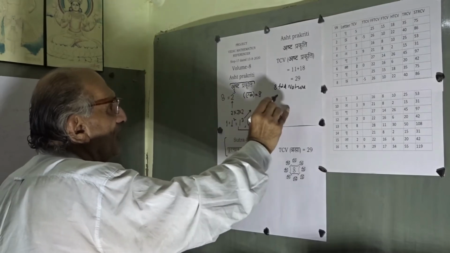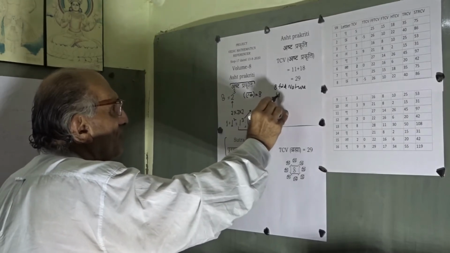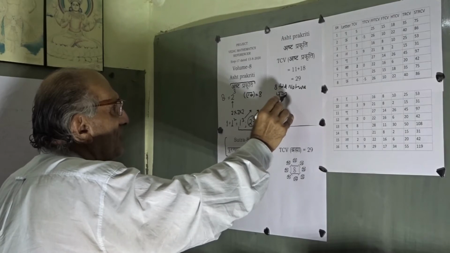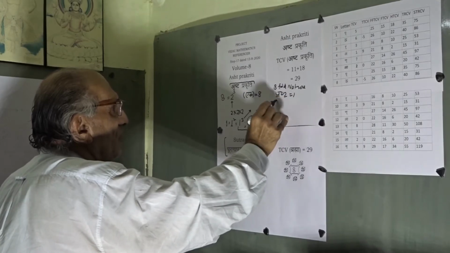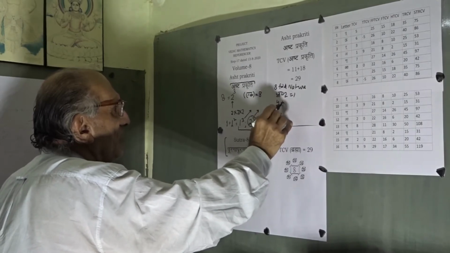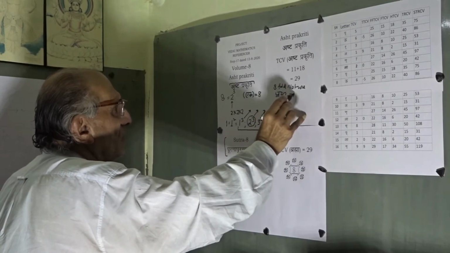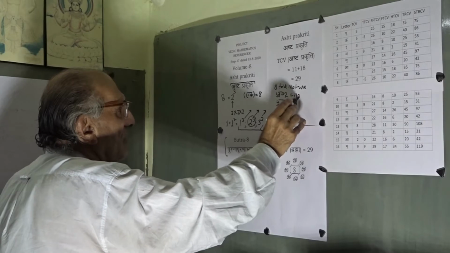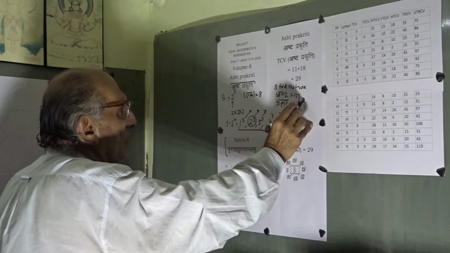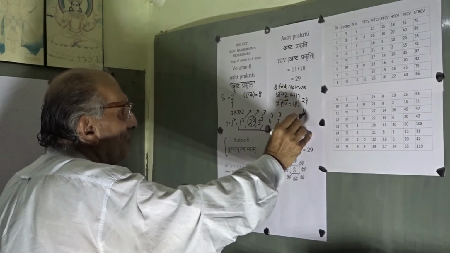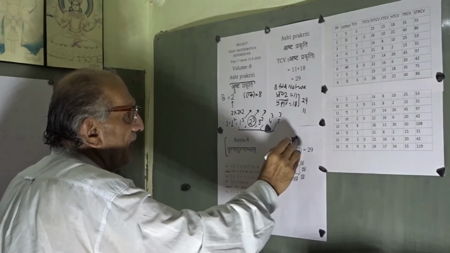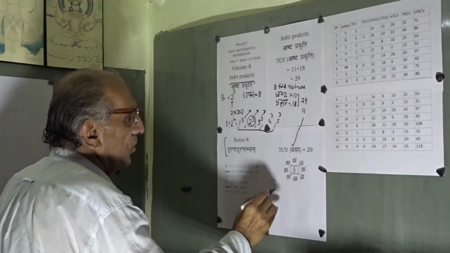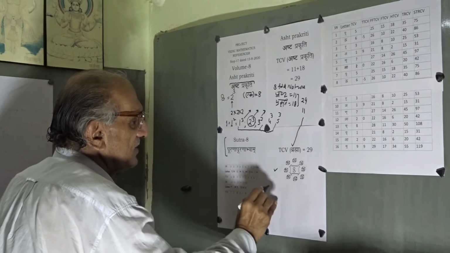The formulation Asht is of TC value 11, while value Prakriti is of TC value 18, together leading to value 29, which is parallel to the TC value of Brahma, the overlord of a 4 space.